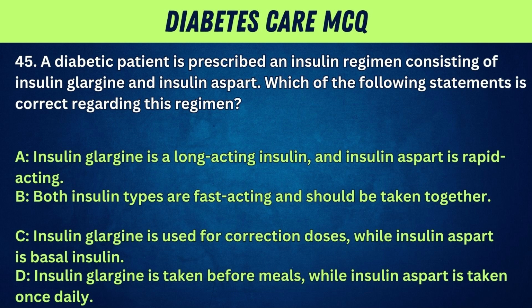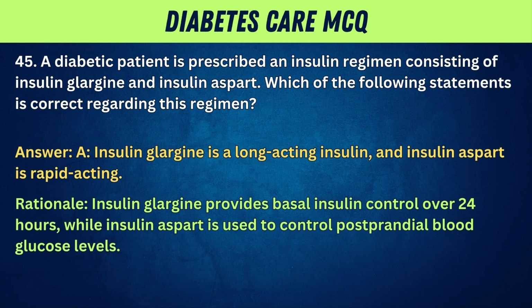D. Insulin glargine is taken before meals, while insulin aspart is taken once daily. Answer: A. Rationale: insulin glargine provides basal insulin control over 24 hours, while insulin aspart is used to control postprandial blood glucose levels.